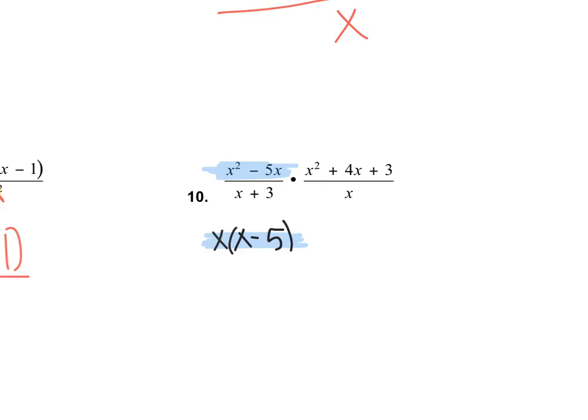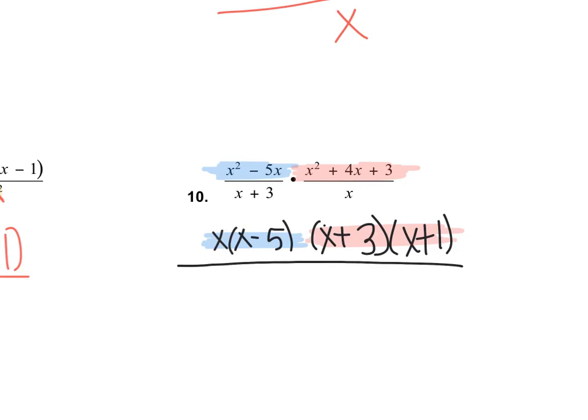And then if we look at x squared plus 4x plus 3, and again, all of this is just being multiplied together, when we go to factor that, that's going to be x plus 3 and x plus 1. 3 times 1 is 3, 3 plus 1 is 4, and in the denominator we still have that x plus 3 that we aren't going to do anything with, so that's just going to come down, nothing else you can factor with that.